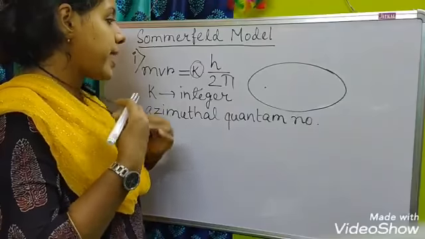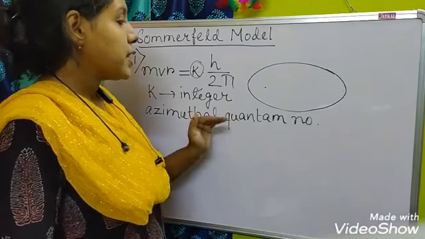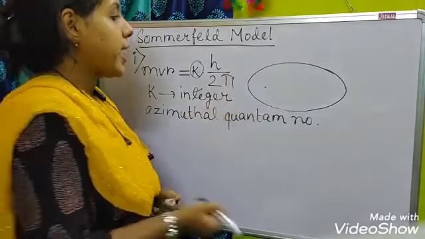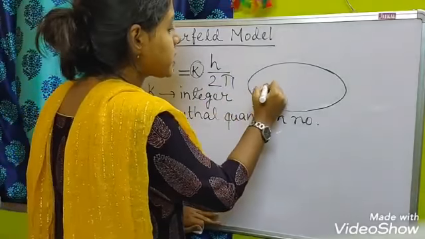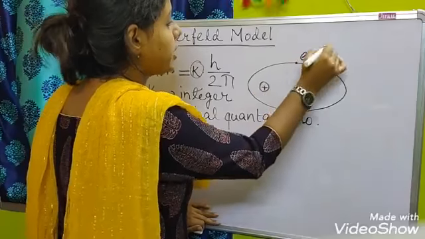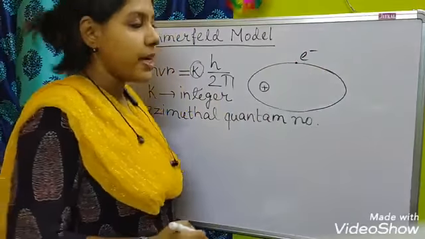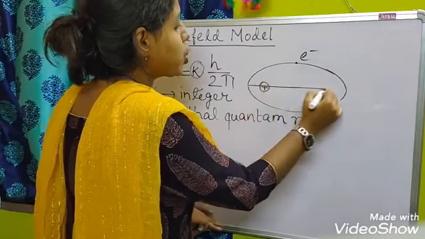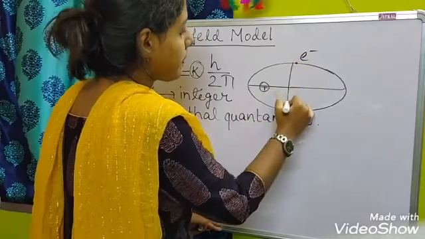Next, here the electron is rotating in an elliptical orbit around the nucleus. In this ellipse we can get two types of axis.